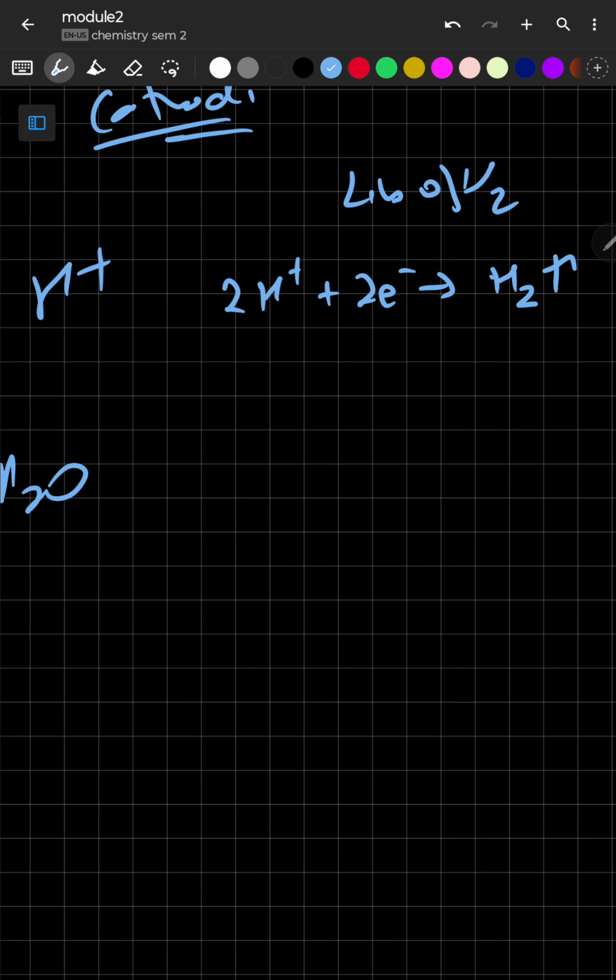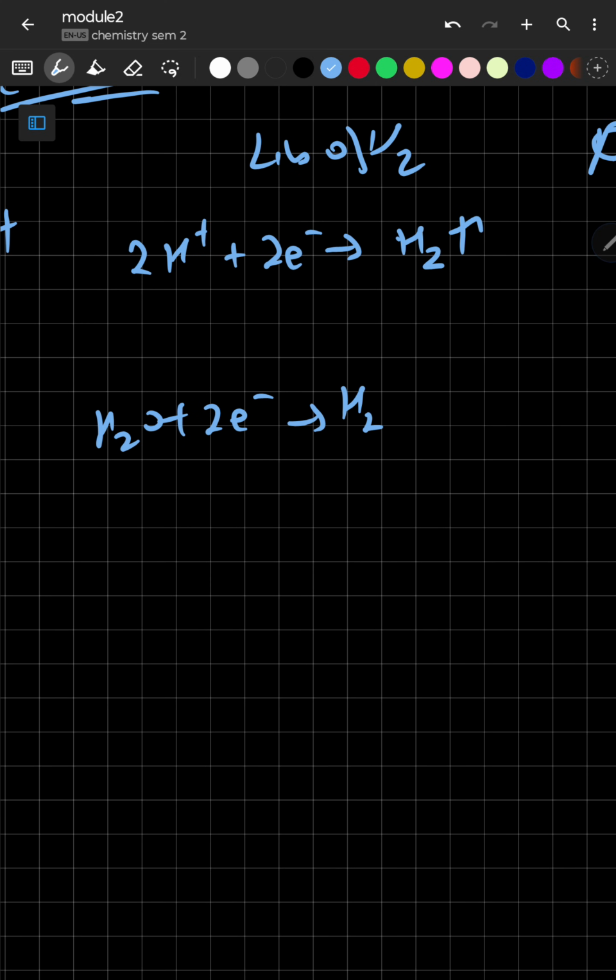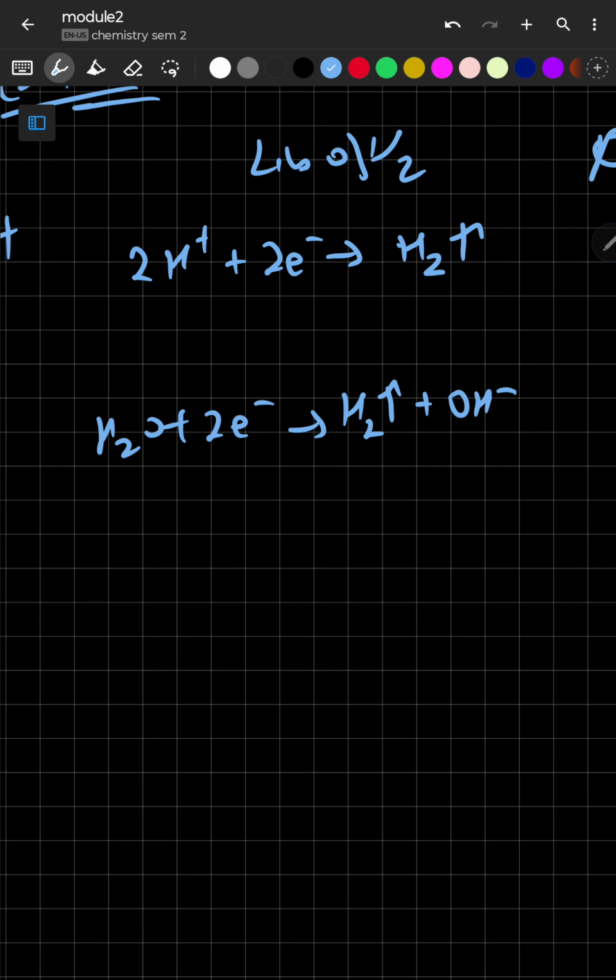Similarly, in water medium, H2O plus 2 electrons, H2 is going to get liberated. Apart from that, you have to liberate OH- as well. So I'll make it 2 here. So 2 OH-, correct. 2H2O plus 2 electrons gives H2 plus 2OH-.